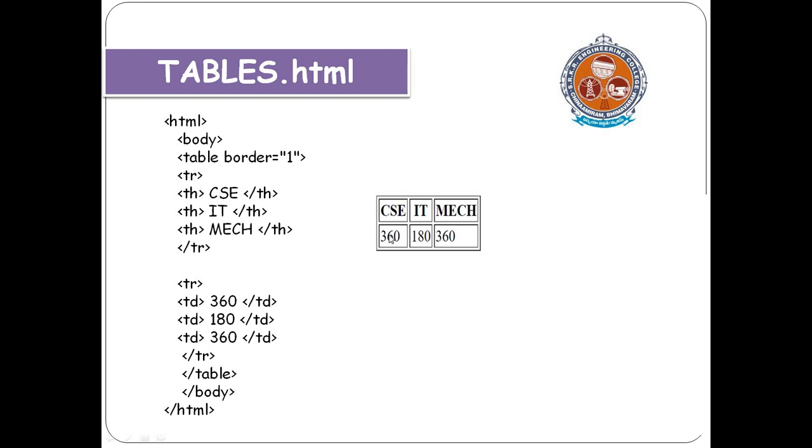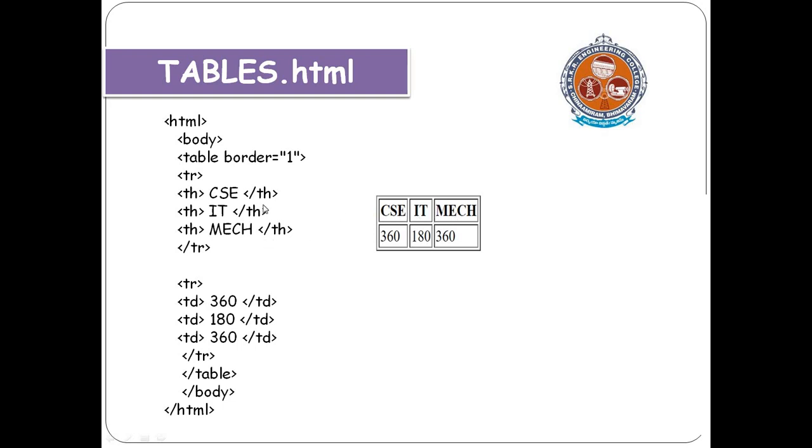In the first table row, inside tr we have th, that is the table heading. The first heading is CSC, the second heading is IT, and the third heading is MEC. So in the first table row we define three headings: CSC, IT and MEC.